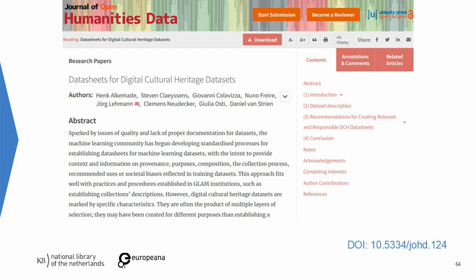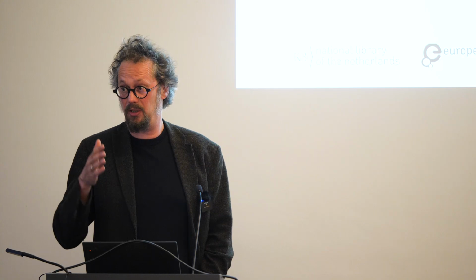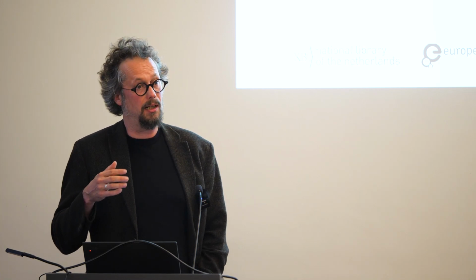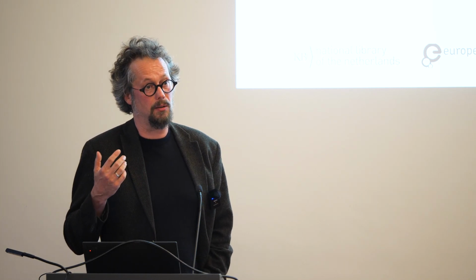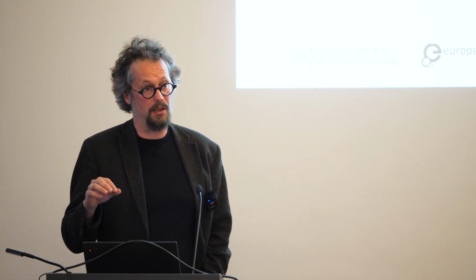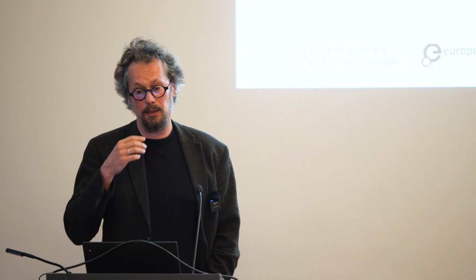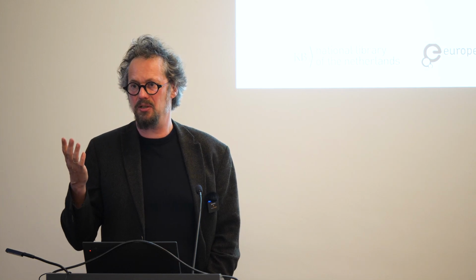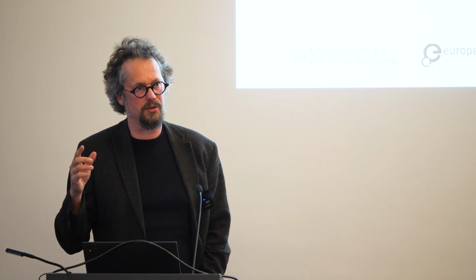And I've been, like I said, really active in one working group within the European ecosystem, where we try to do exactly that. A group of researchers and people working in libraries have been thinking about how we should write down all of the information we have on a collection, inspired by the concept of data sheets by Timnit Gebru and others.